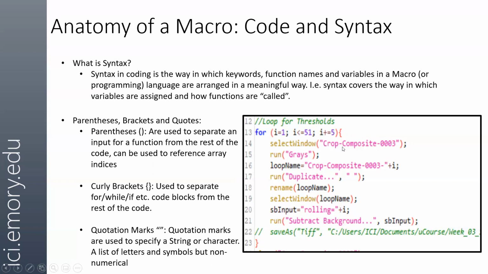Strings are pink, and a string is any kind of collection of characters or symbols that is explicitly not numeric. We'll cover that in the next slide. Variables like a loop name and SB input are written in black. I here is also a variable because it changes.